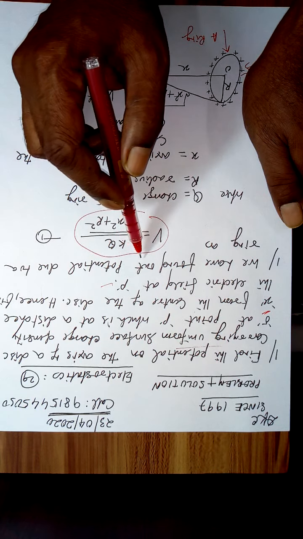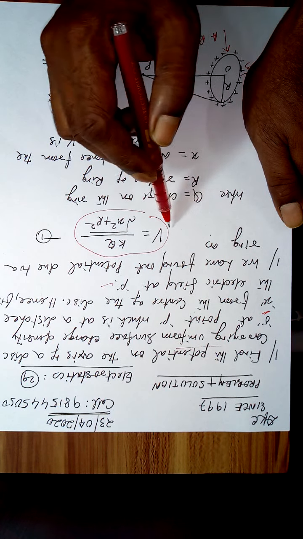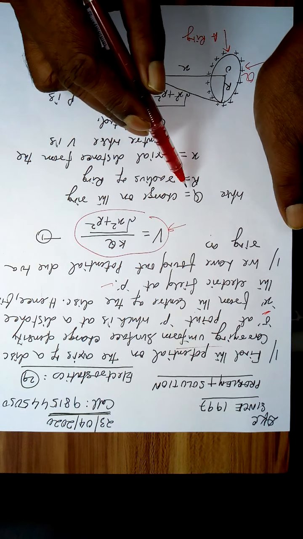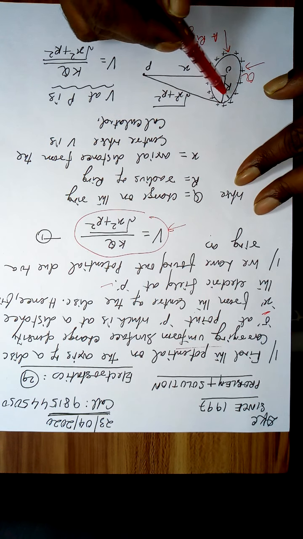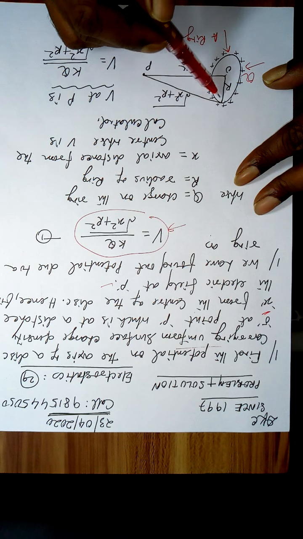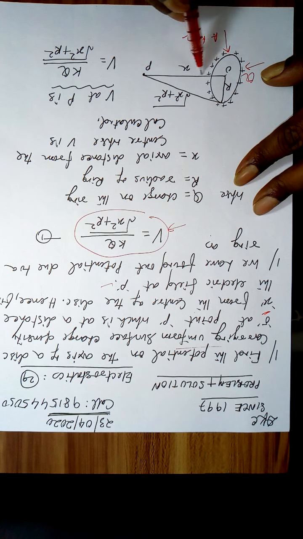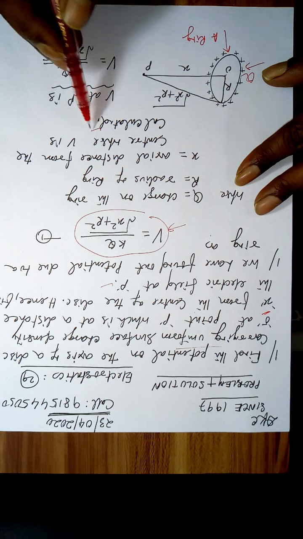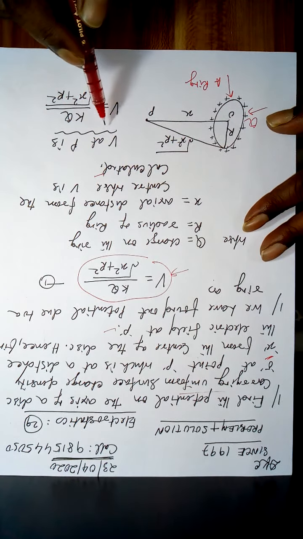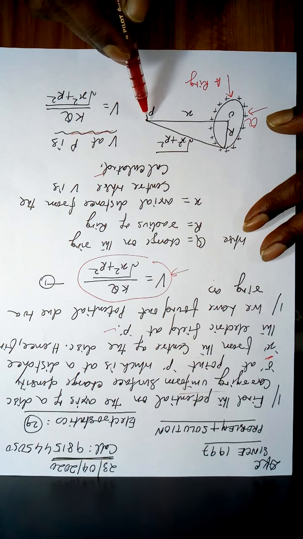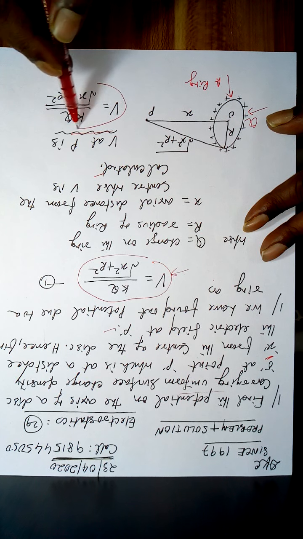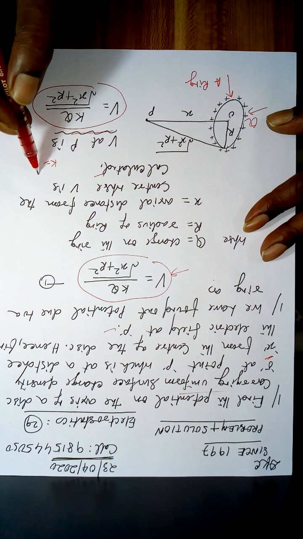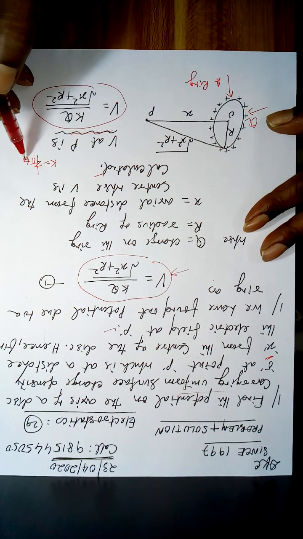We have found the potential due to a ring in the previous lecture 28, where Q was the total charge on the ring, R the radius of the ring, x was the axial distance from the center where V is calculated, and the electric potential was derived like this: kQ over the square root of x square plus r square, where k is equal to 1 over 4 pi epsilon naught.